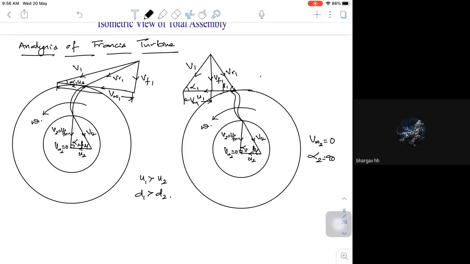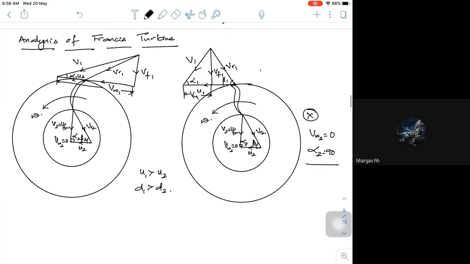Alpha 2 is exactly 90 degrees in most of the cases, almost all the Francis turbines. Now what does it indicate? One represents the inlet, or high pressure side, and 2 represents the outlet or exit for a triangle. These are the two possible cases we are trying to look at.